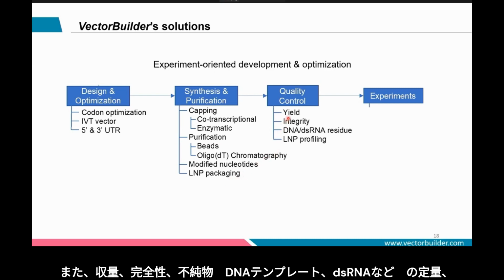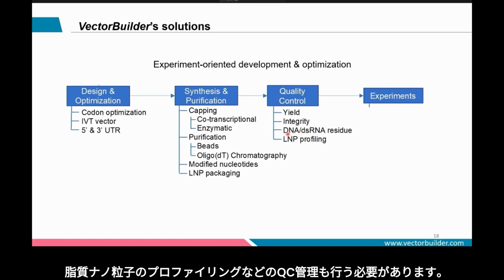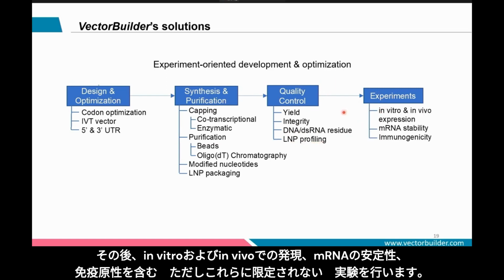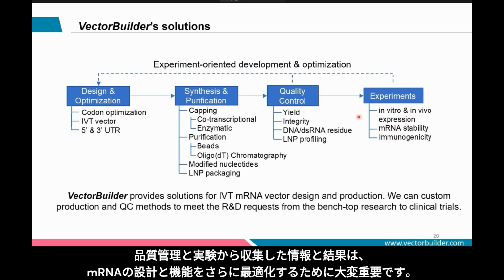You also have to do the necessary QC controls for yield, integrity, double-strand DNA and double-strand RNA, DNA residue quantification, and lipid nanoparticle profiling. Then you take the product for experiments, including but not limited to in vitro and in vivo expression, mRNA stability, and immunogenicity. The information and results you collect from quality control and experiments are really critical for you to further optimize your mRNA design and function.